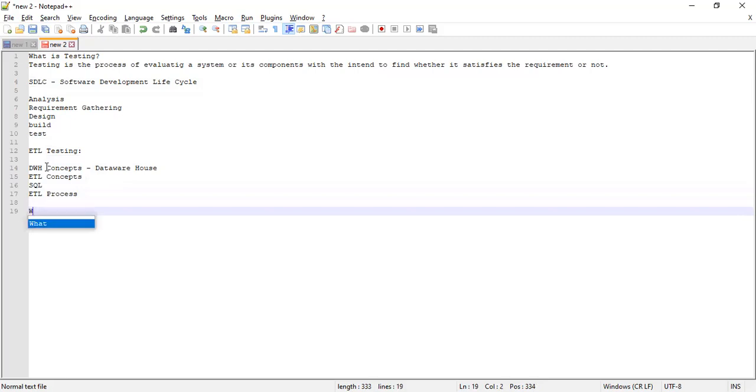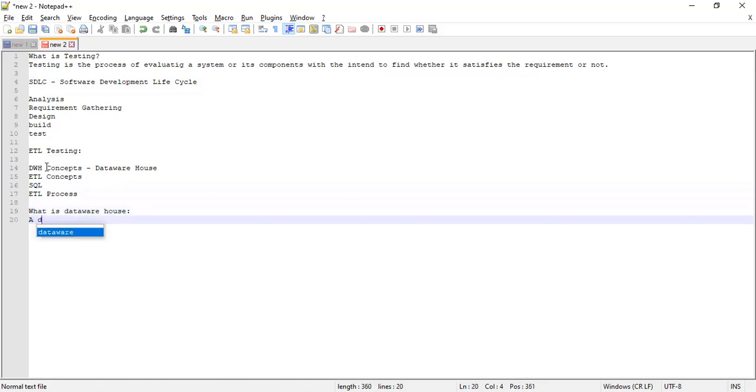What is a data warehouse? Generally, a data warehouse is a repository, a repository of data. Is it a database? No, it's not a database. There is a difference between a database and a data warehouse.